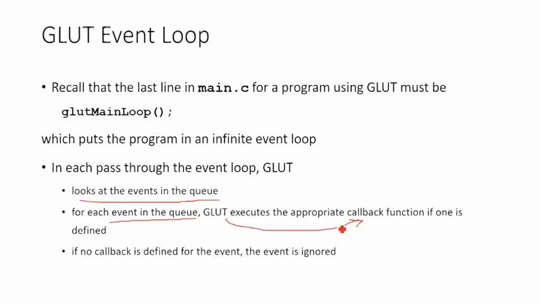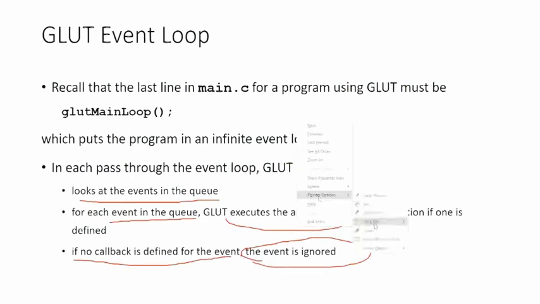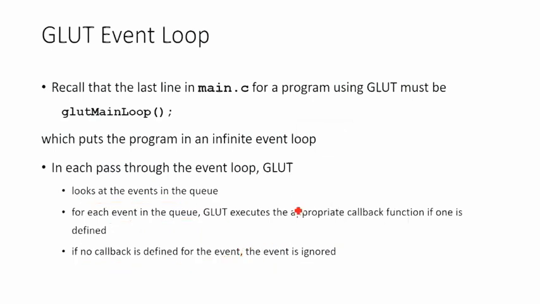If it is not registered, then it will just ignore that message. If no callback is defined for the event, then that event is ignored, right? So this is exactly how our event registration works in our OpenGL.